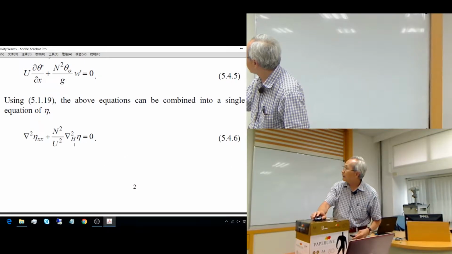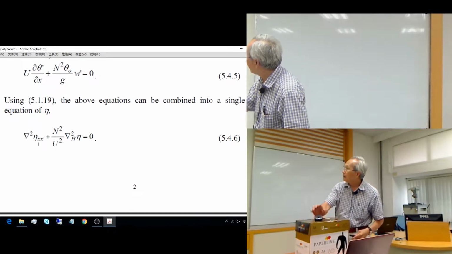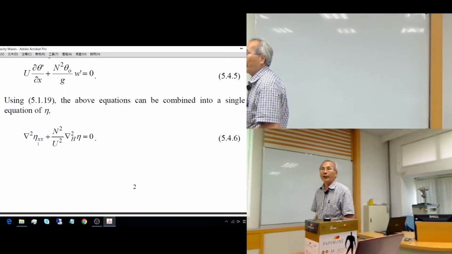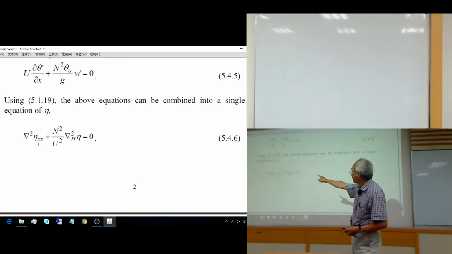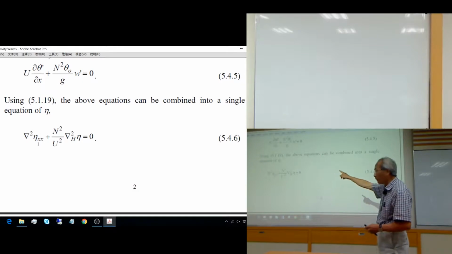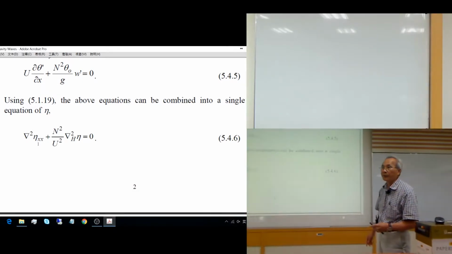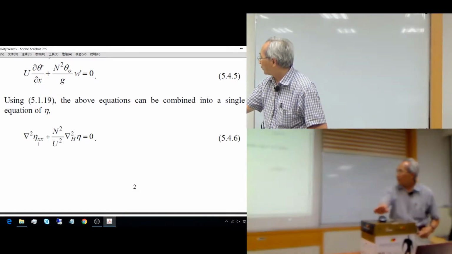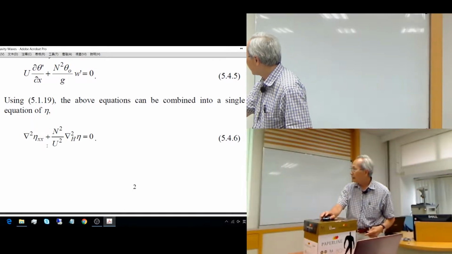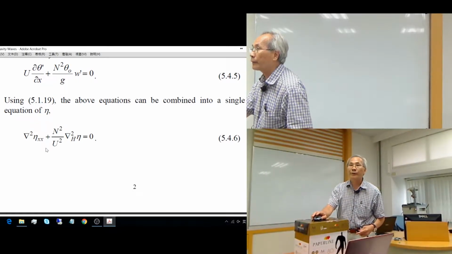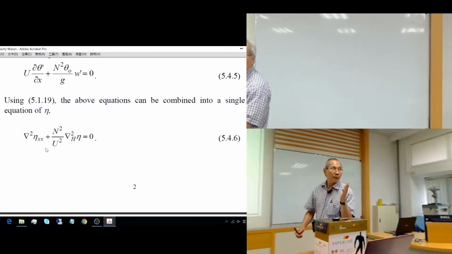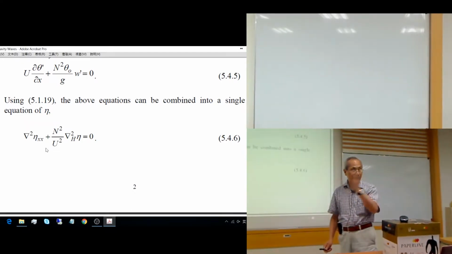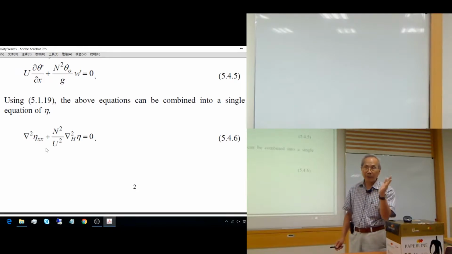Based on the definition of W prime, we can replace W prime by eta in the same form of the equation. So then we have this, and once we have this, we can make the Fourier transform. And this time we don't use the one-sided Fourier transform. We just use the two-sided regular Fourier transform.